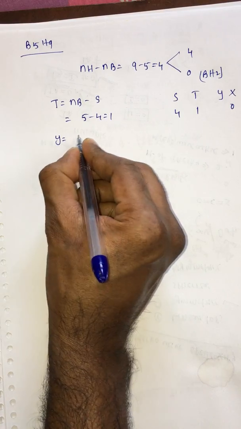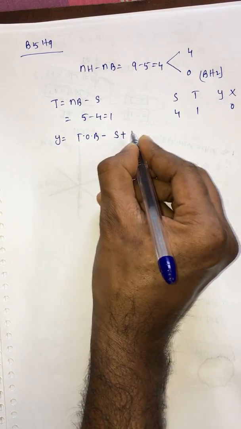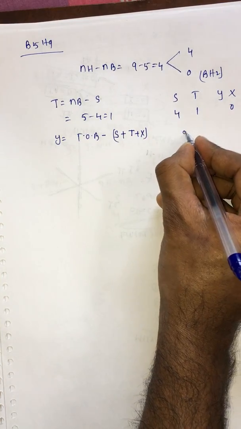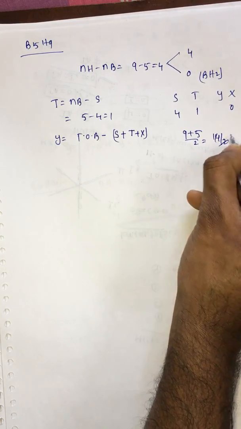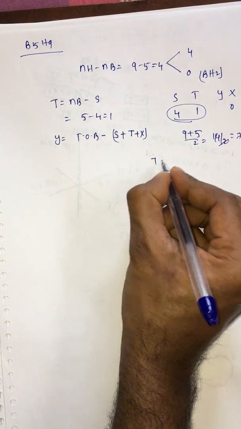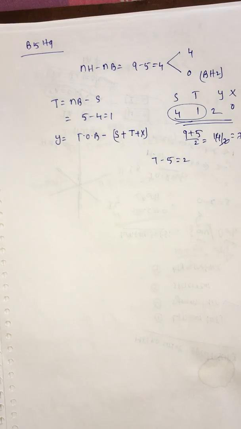Y will be the total number of bonds minus S plus T plus X. The total number of bonds is 9 plus 5 by 2, 14 by 2 equals 7. Here 5 bonds are already over, 7 minus 5 equals 2. So this is the STYX number for B5H9.